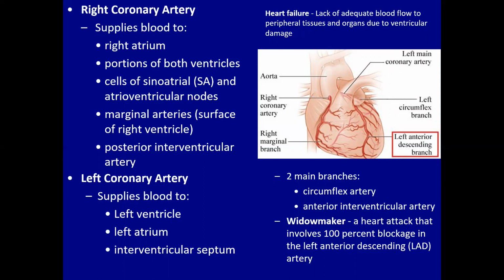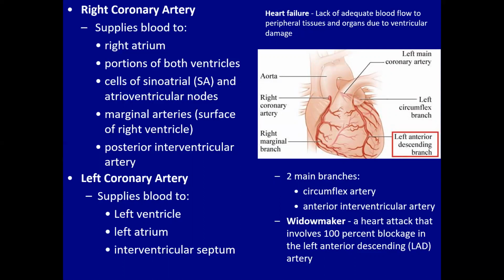So you may have heard of a person that had a heart attack in what was called the widowmaker. And so this widowmaker is the left anterior descending branch of the left coronary artery, all right?